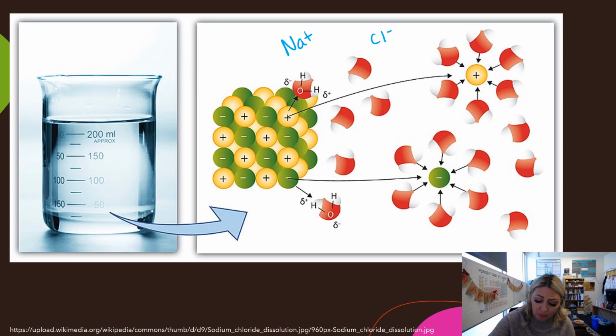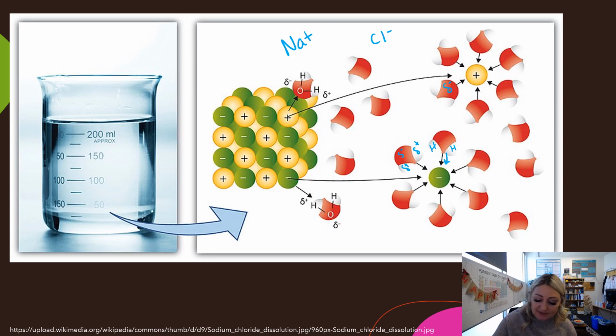Water is a polar covalent compound, and the hydrogens have slight positive charges and the oxygens have slight negative charges. So what we'll see is the hydrogens with their slight positive charges are going to orient themselves towards the chloride anion, which has a negative charge, because opposites attract. And the opposite is true.